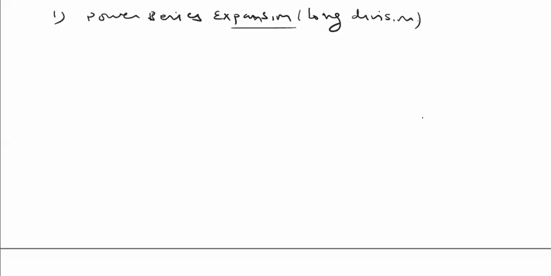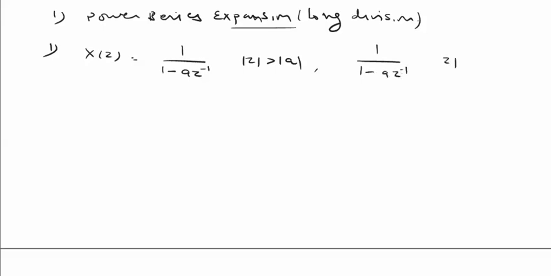I took one question for long division. X(z) equals the very basic Z transform from where we started, and the second portion is the same type of Z transform but the ROC differs, reverse ROC is used, same function. In this case we want to calculate the inverse Z, the original sequence of the signal.